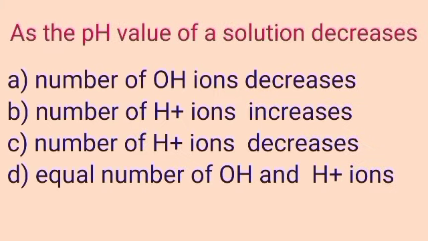Next, as the pH value of a solution decreases, option A number of hydroxide ions decreases, option B number of hydrogen ions increases, C number of hydrogen ions decreases, D equal number of hydroxide and hydrogen ions. Answer is option B number of hydrogen ions increases.